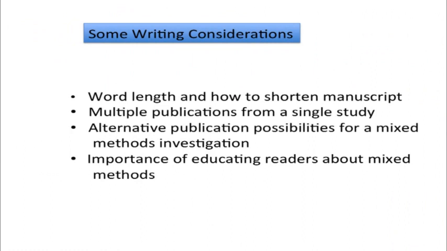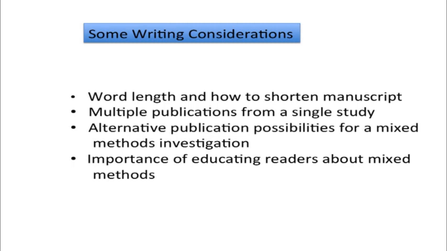Now beyond this, there are certain general writing considerations that I think you might want to consider as you put together a mixed method study for publication. First would be word length. In some journals, the word length requirements are very brief.